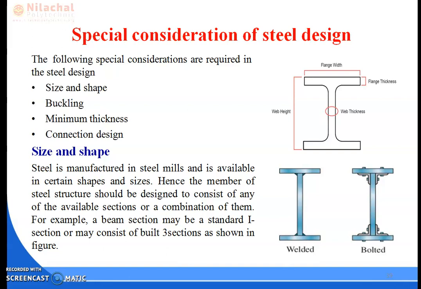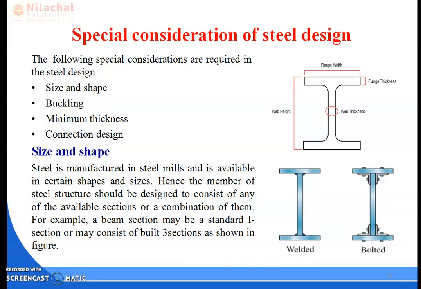We all know that for design purposes we need some criteria by which we can design any kind of structure. There are some limitations also, some terms and conditions, which are generally known as considerations of the design.